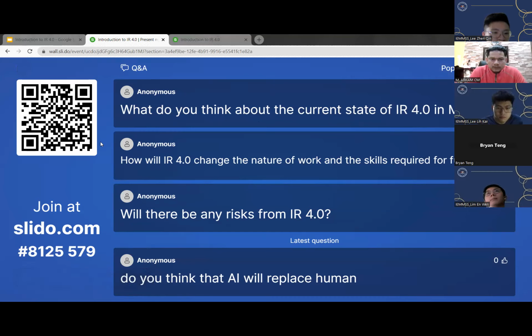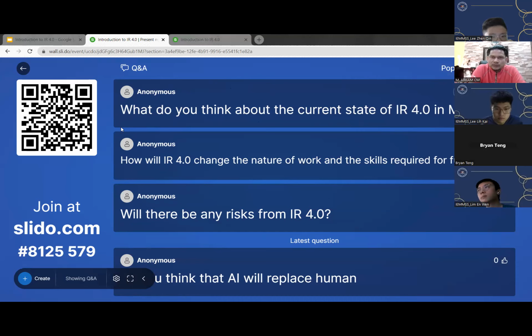Dr. Arkam? Current state of IR 4.0, as a developing country, I believe we are quite exposed, aware, and we cope with the technology quite adaptively, very fast. In comparing ourselves with other developed countries, we are not that far.